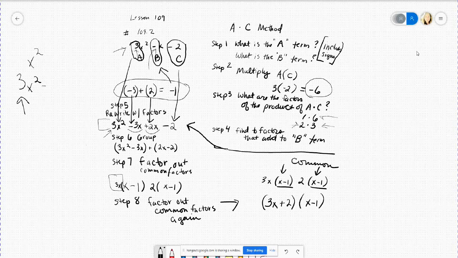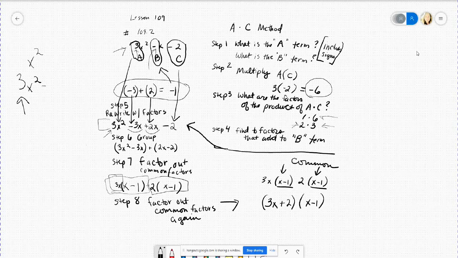So now that we've factored out that 3x and this 2, you notice that this first term, because now it's in two terms, it's 3x times x minus 1 plus 2 times x minus 1. Well, what are the common factors between these two terms?